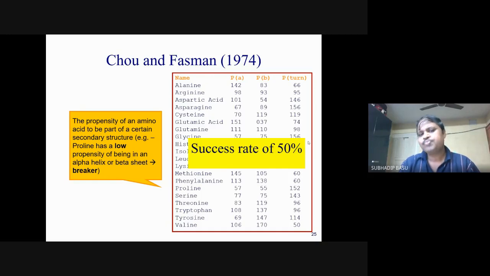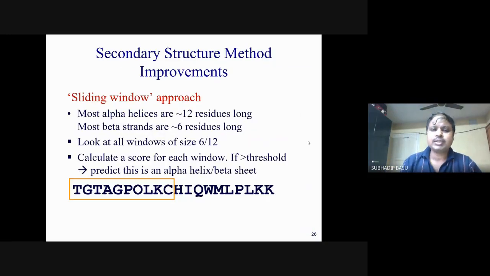And even today, the propensity of an amino acid is still considered as one of the features, even while using advanced machine learning approaches.